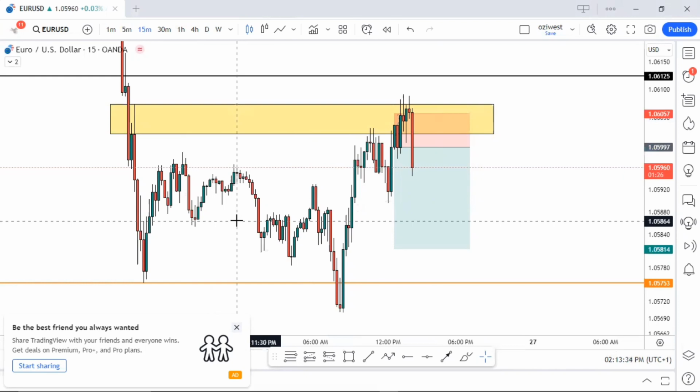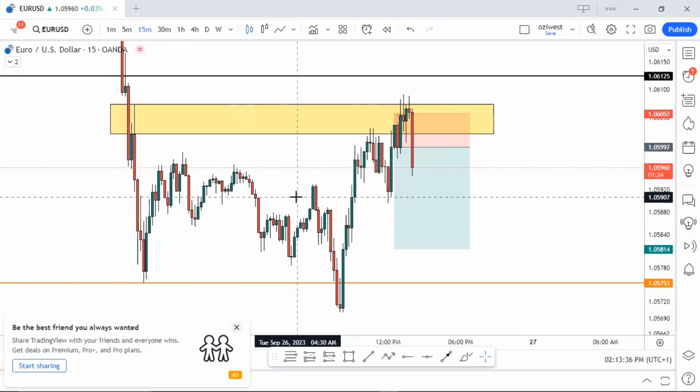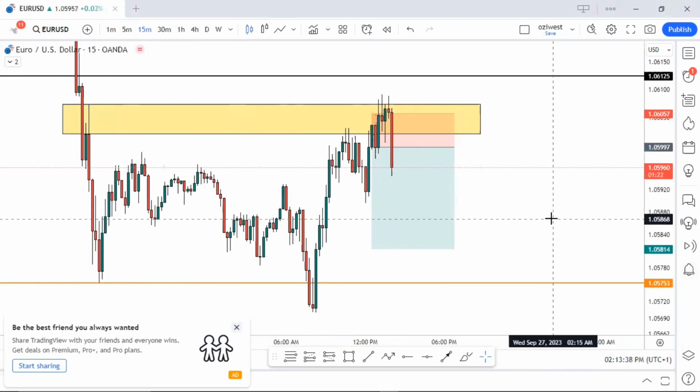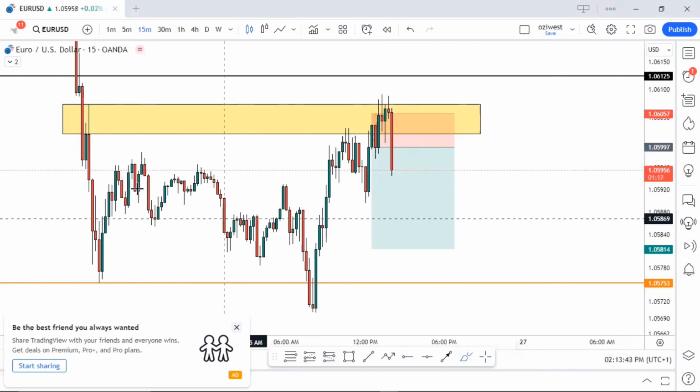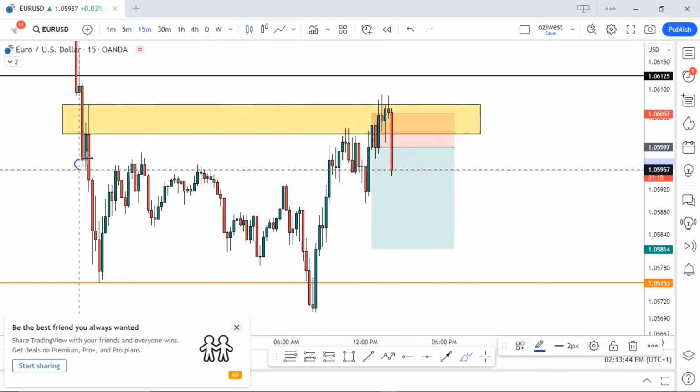So that there is the resistance. I was looking at all this. I mean, this place is still a level of support and resistance, but it's just which one will price respect.